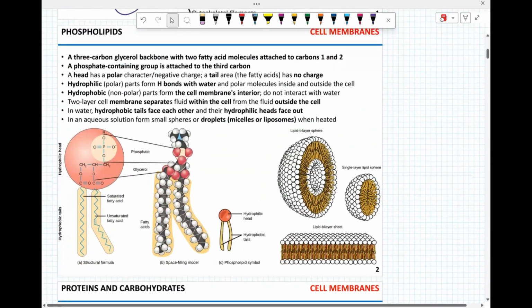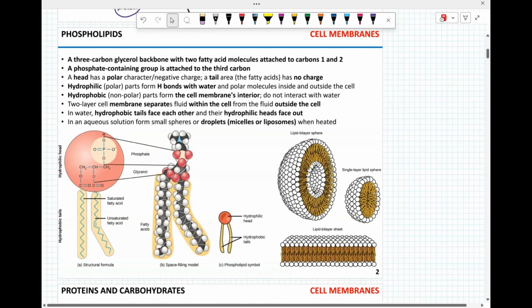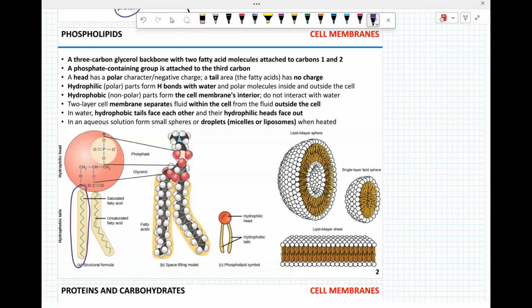Now, a typical phospholipid consists of a glycerol backbone that is connected to fatty acids and the phosphate group. Here you can see the two fatty acid residues, one saturated and one unsaturated, are connected to two of three glycerol carbons.